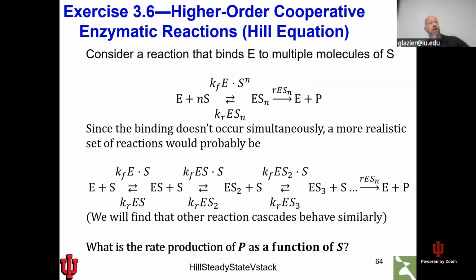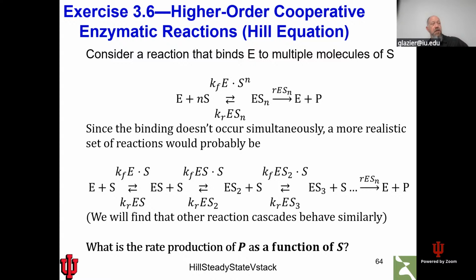And so now we're going to do a slightly more elaborate example, and this is as far as we'll get, I think, today. Suppose that I had multiple substrates being used simultaneously. So I have KF, so I have E plus N units of S making a complex and making product. Or I imagine a stacked series of reactions.